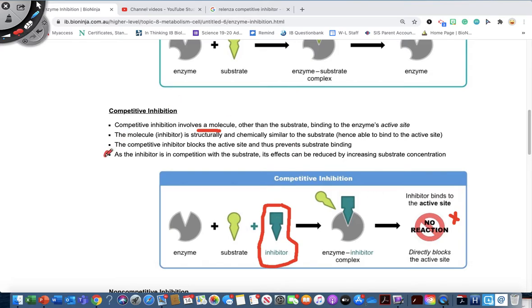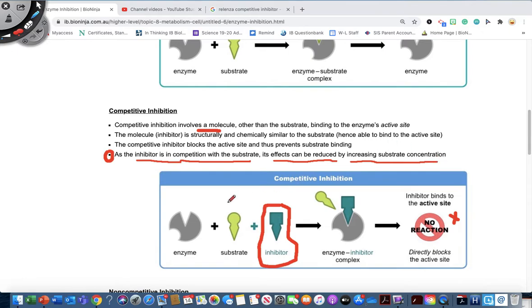Now, something important here, and we're going to look at this further when we start our activity. It says here, as the inhibitor is in competition with the substrate, the effects can be reduced. So this is saying that the inhibitor effect can be reduced if you increase the substrate concentration.